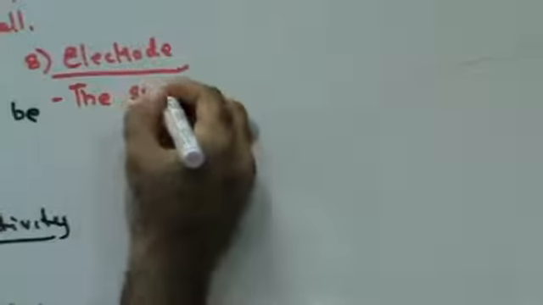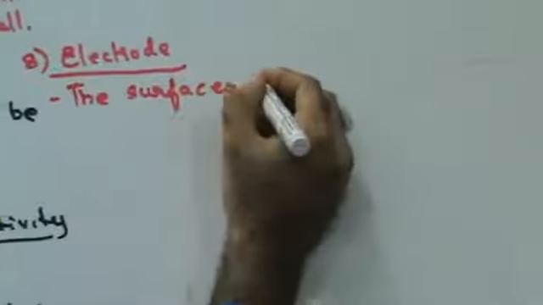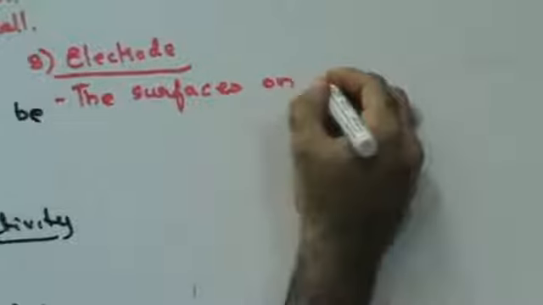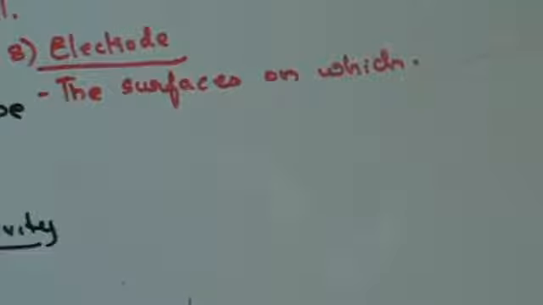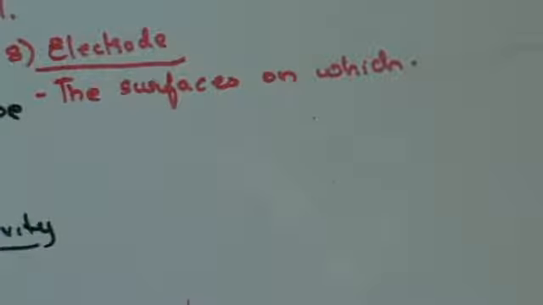Remember, an electrochemical reaction is a redox reaction. So on one electrode you would have reduction taking place, and on the other electrode you would have oxidation taking place.